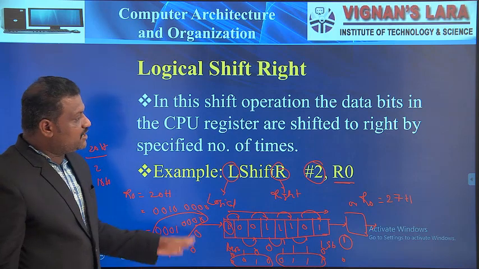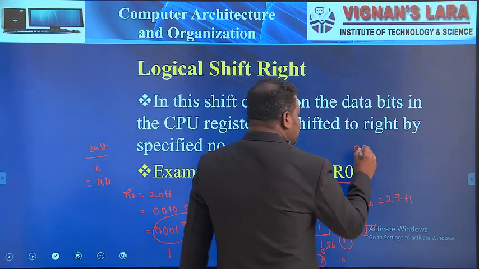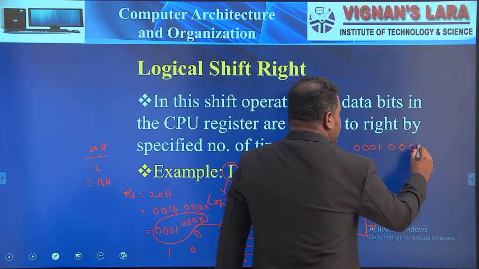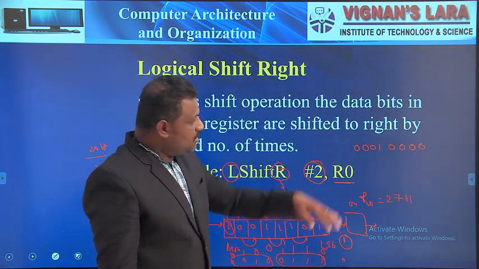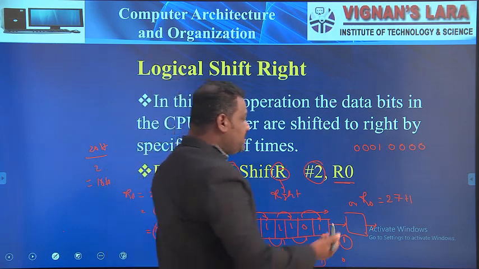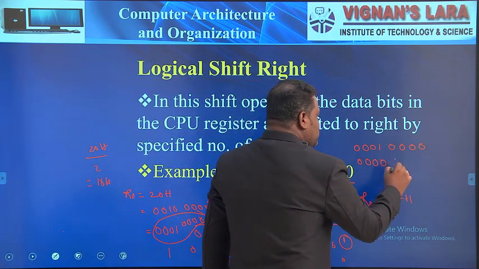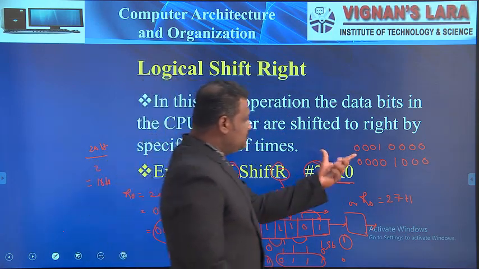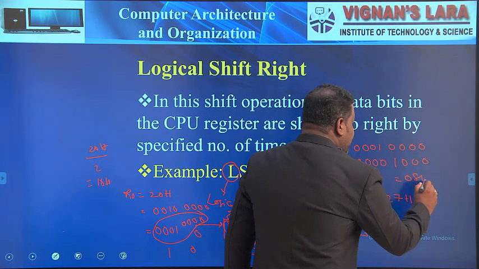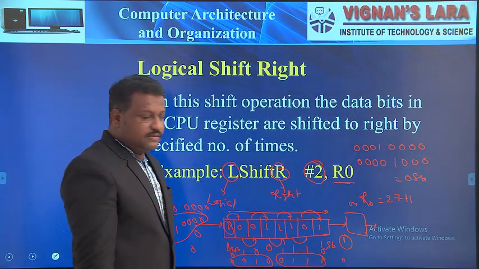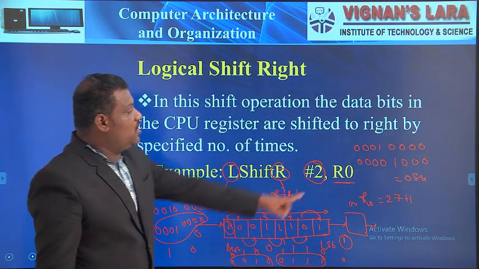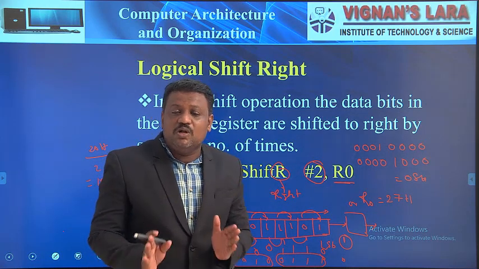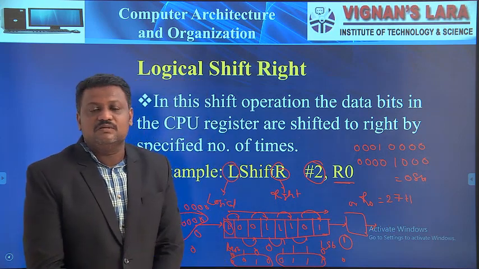Similarly, if you shift this data one more time to the right, your data is 10H, and it changes to 0000 1000. The hexadecimal equivalent of this is 08H. So the input is 10H, the output is 08H. Now 10H divided by 2, no doubt the result is 08H.